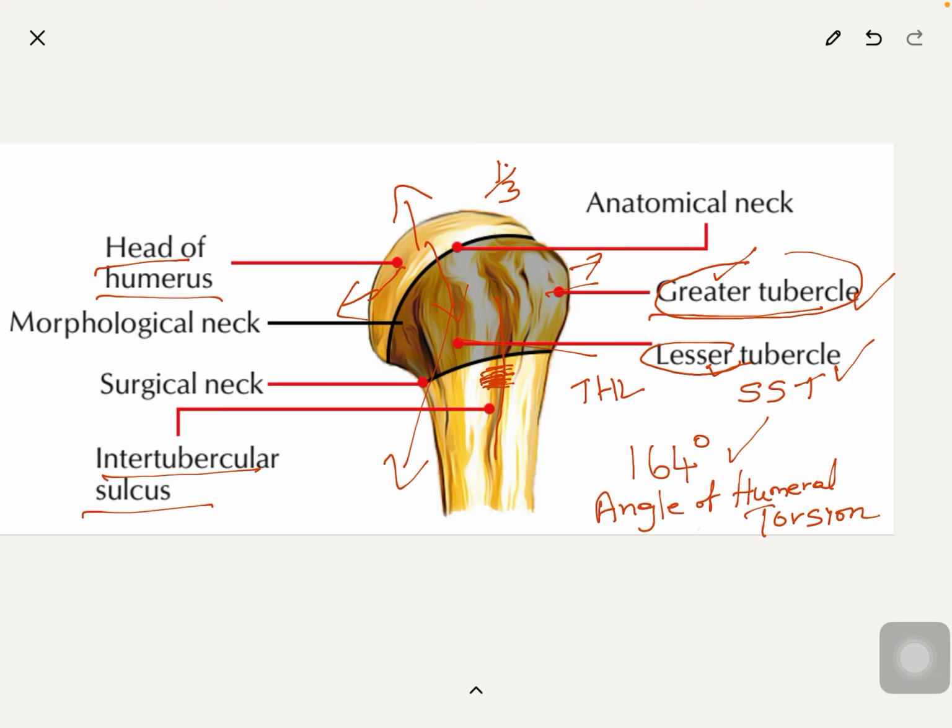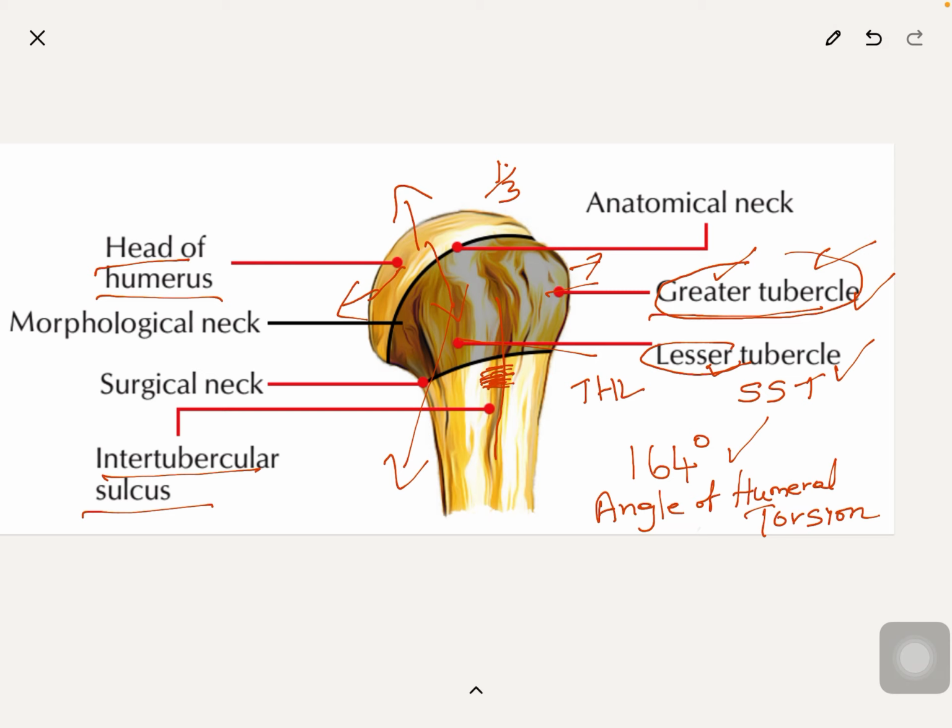For any bone, as soon as you take the bone in the viva, you have to identify the side of the bone. That is the first question you have to face in the exam. So I will tell the features to identify the side of the bone after we complete all the parts of the bone. This greater tubercle is lateral, so it should be projecting laterally.